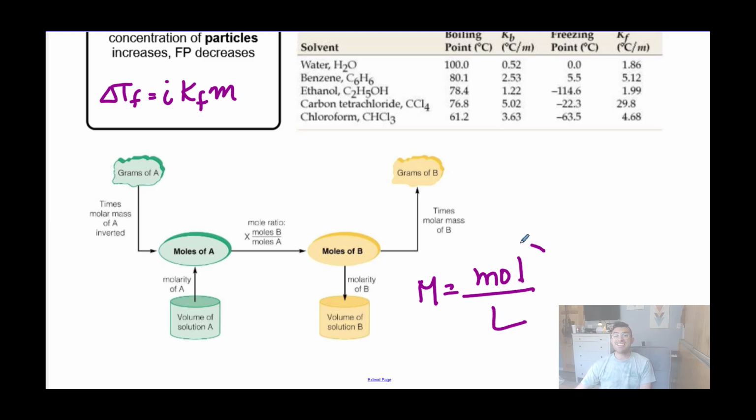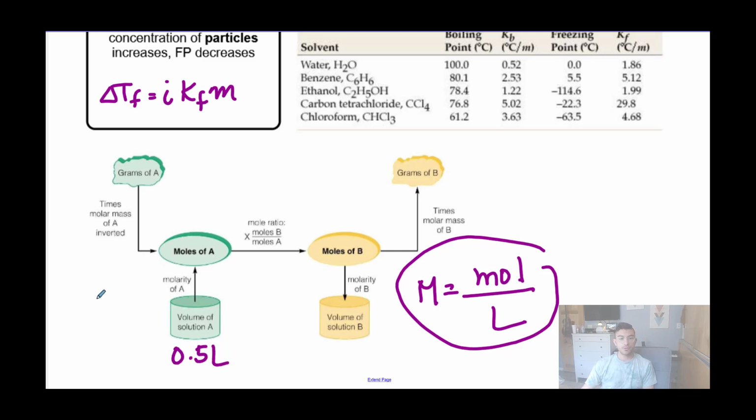And it's just yet another way for us to get the number of moles of a substance. So if I have the volume of a specific solution, let's say 0.5 liters, and they tell me that it's a 2 molar solution, well, that's enough information for me to figure out how many moles of the substance I have. 2 molar means I have 2 moles per liter. I have half a liter of it, 2 times 0.5, that means I have 1 mole of this substance.